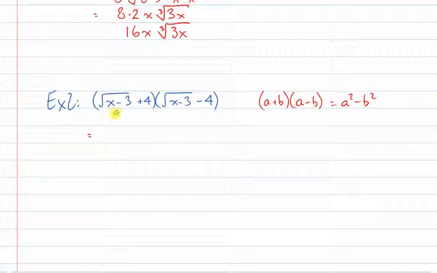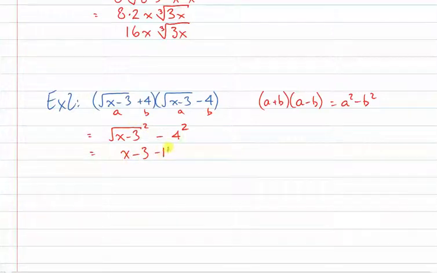Well, this is like my a, and this is like my b. See it? So I'm going to write my a squared minus my b squared. Now the square and the square root are inverse operations, so they cancel. 4 squared is 16, and I subtract that result. So my final answer is x minus 19. Not too bad, actually.